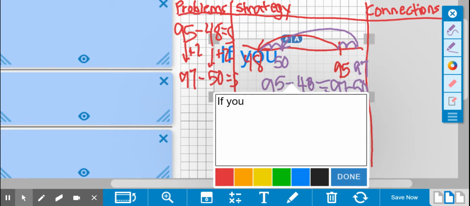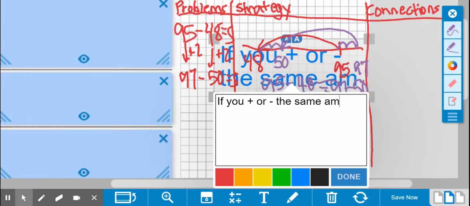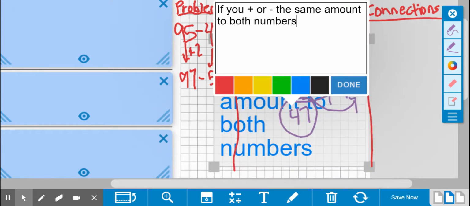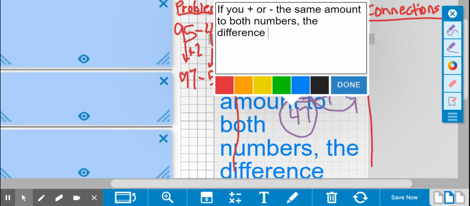If you add or subtract the same amount to both numbers, the difference remains the same, or remains, I'm going to use a word, constant. That's going to come up later, okay?